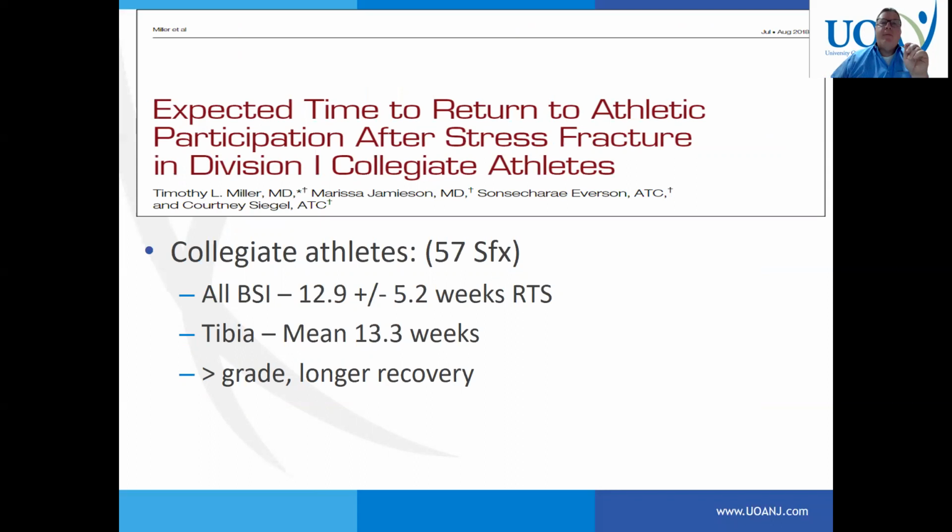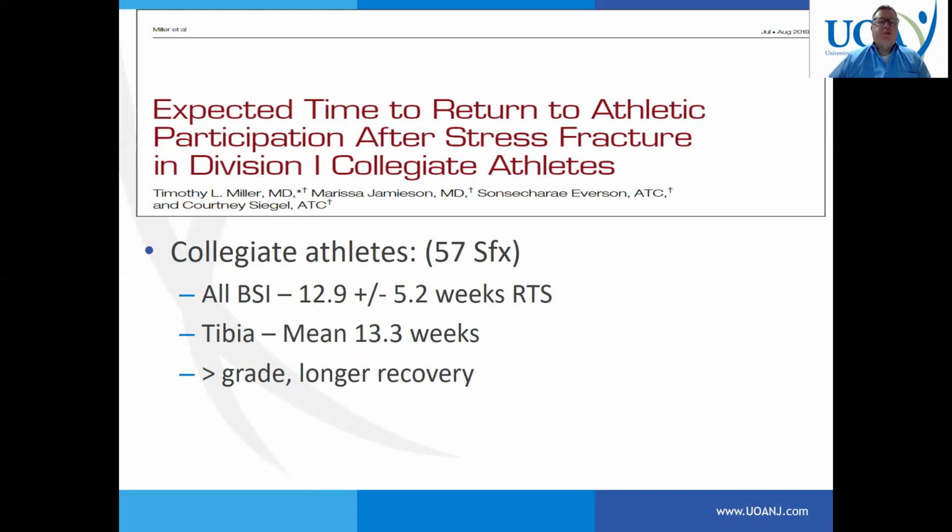There's a paper written by Miller, published in Sports Health in 2018, which looked at 57 stress fractures in collegiate athletes, a little older than our population, but also including some of our older adolescents.